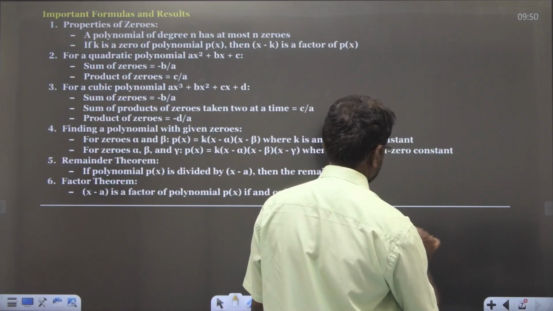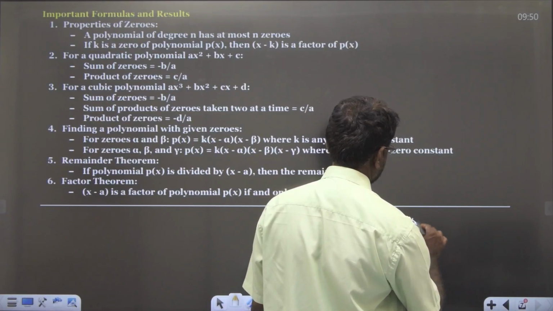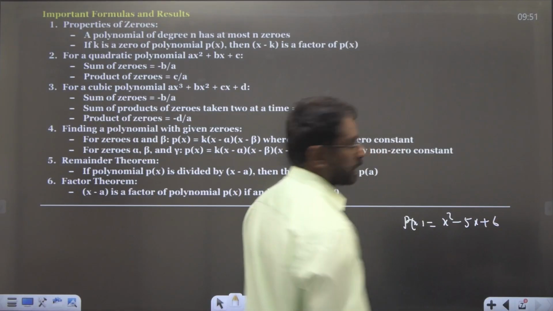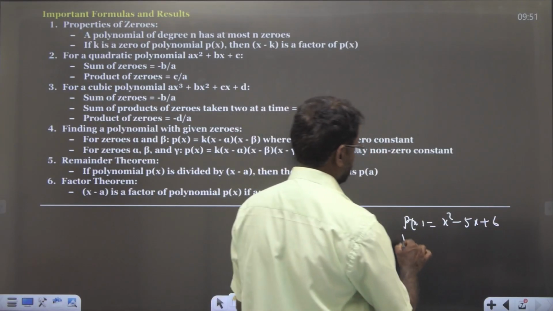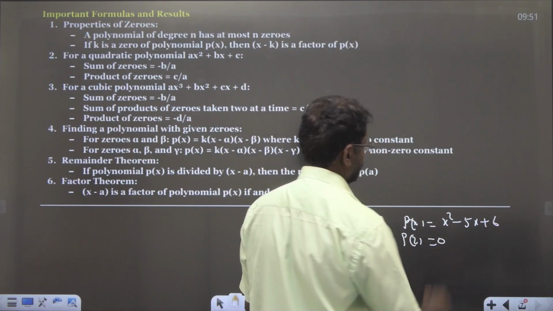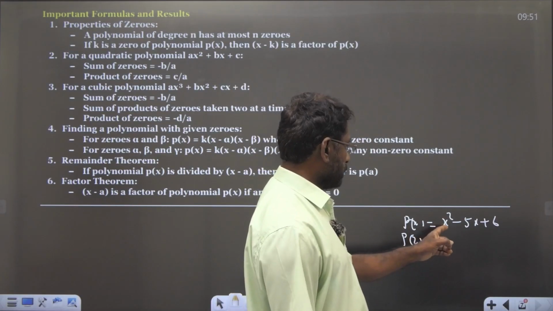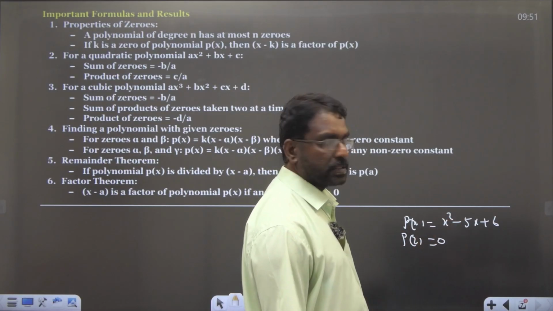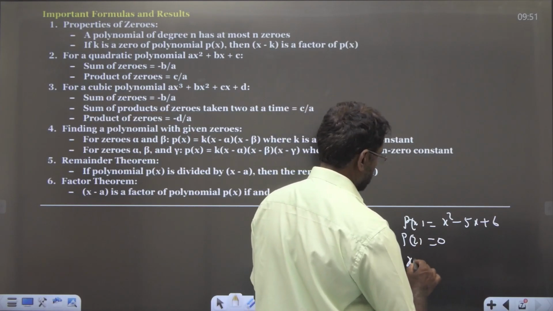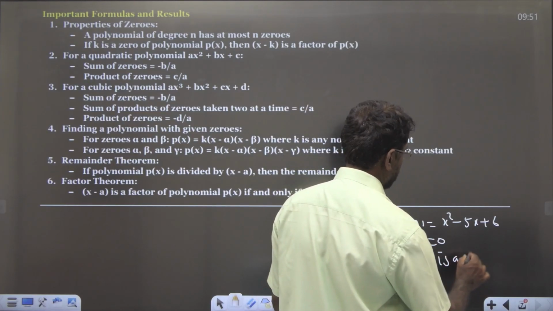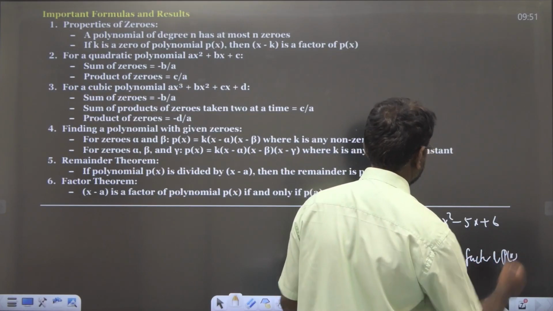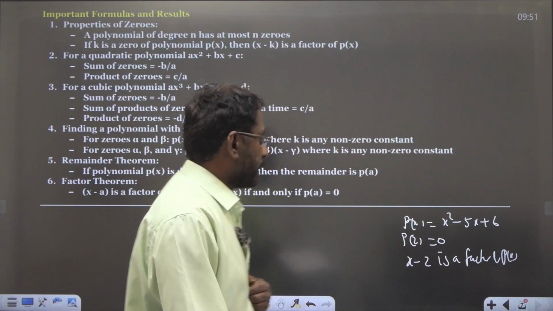Suppose p of x equal to x square minus 5x plus 6. Here, p of 2 equal to 0. Is it correct? 2 square minus 5 into 2 plus 6: 4 minus 10 plus 6, that is 0. Here we can say that x minus 2 is a factor of p of x.